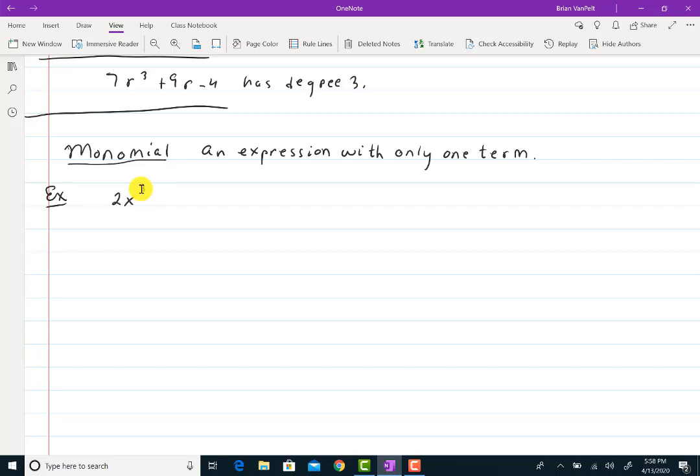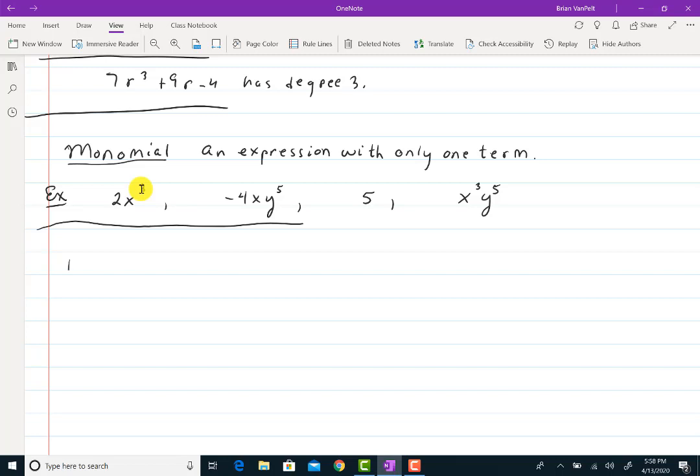That would be an example of one. -4xy to the 5th. That would be another example of a monomial. Just a single number. That's an example of a monomial. x cubed y to the 5th. All of these are examples of monomials because they consist of a single term. We don't use a lot of industriousness when we come up with definitions, as you'll see on the next one.